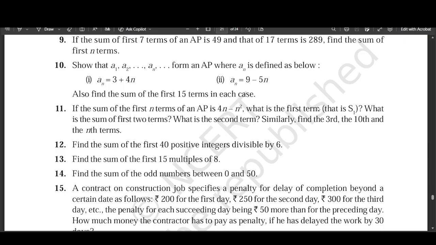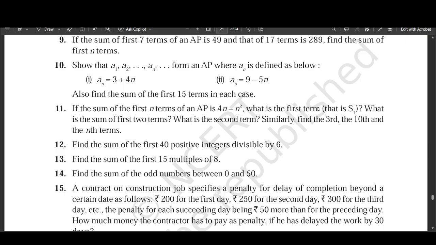So S1 is equal to 4 minus 1. So this is equal to 3, which is equal to A1. So S2 is equal to 8 minus 4. This is equal to 4. And we know that An is equal to Sn minus Sn minus 1. So this is equal to 4n minus n square minus 4 into n minus 1 minus n minus 1 whole square.